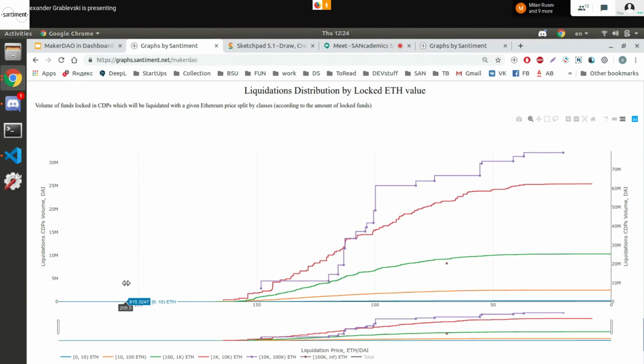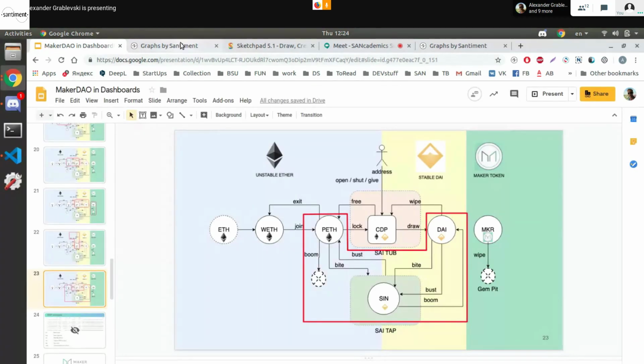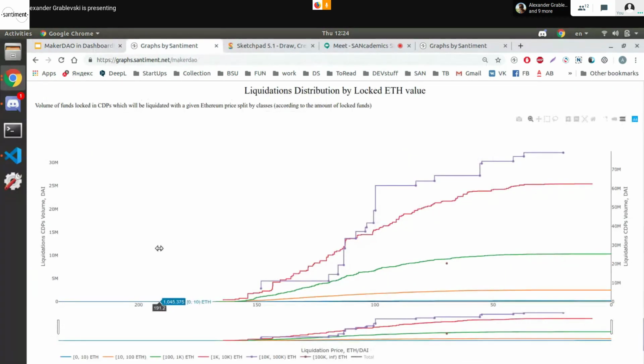I think this wouldn't happen because I suspect all these CDPs don't have issued DAI, and that makes their liquidation ratio insufficient.